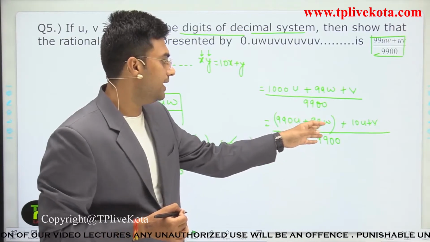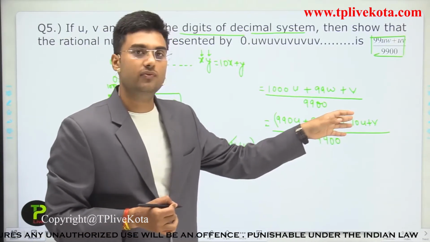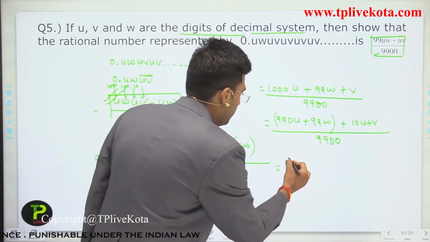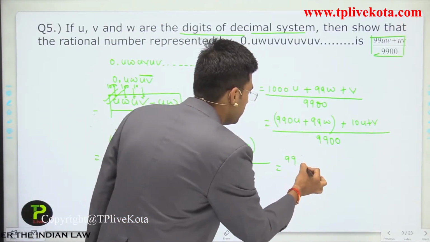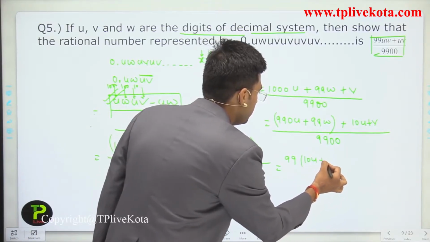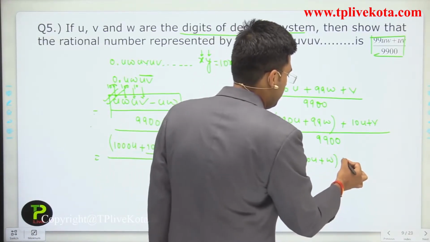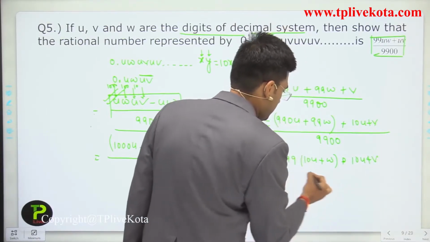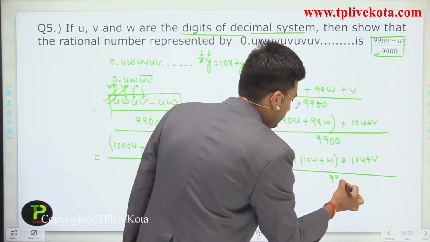When we take 99 as common, we will get 99 times 10u plus w, plus 10u plus v, divided by 9900.